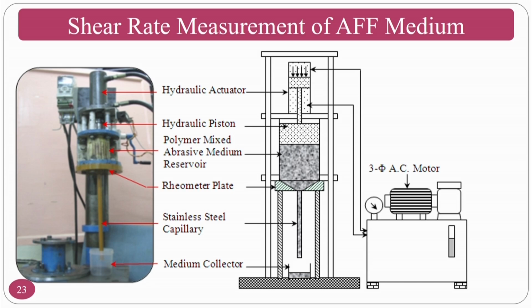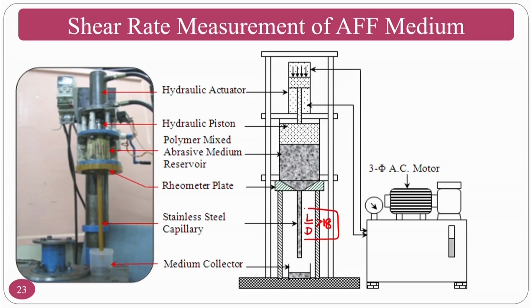For that purpose, one has to go for a capillary rheometer. For this capillary rheometer, normally your L by D of the capillary should be greater than 18. Okay, you can study the rheology basics wherein this particular capillary rheometer and the parallel plate rheometer and other things will be given.